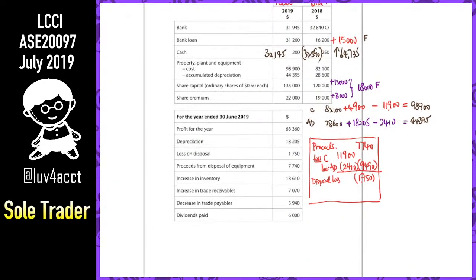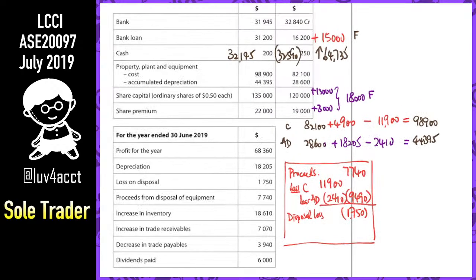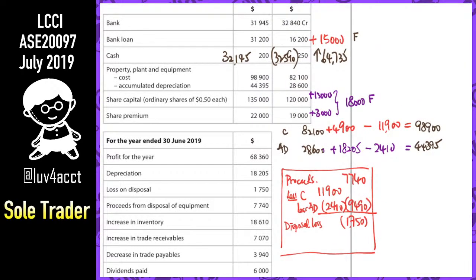4900. Okay, done. Okay, let us mark all the information that we need to put in the statement of cash flows. Purchases will be your investing activities negative, and then the proceeds positive.